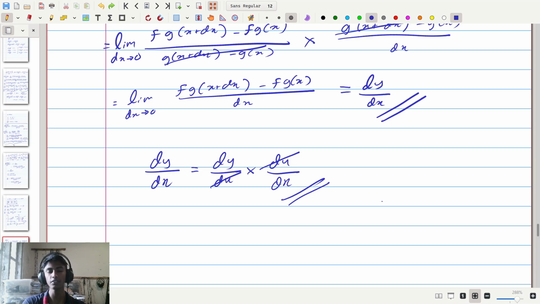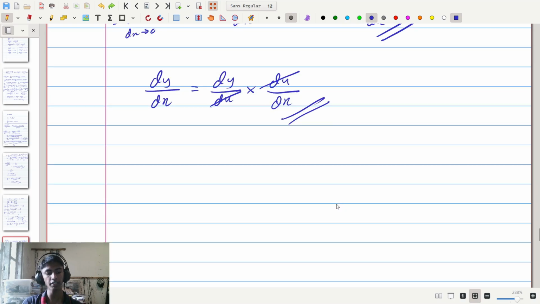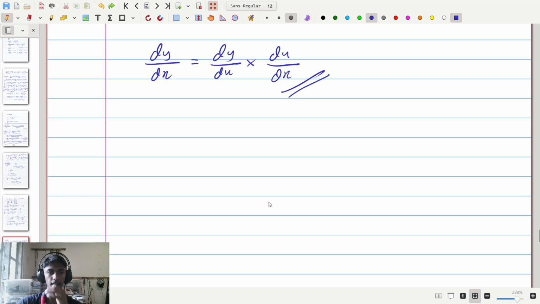So then, this is the chain rule. Let's now discuss an example of how we can use the chain rule and proceed to our next topic. Let's consider a simple example, let's say y equals the sine of x squared.